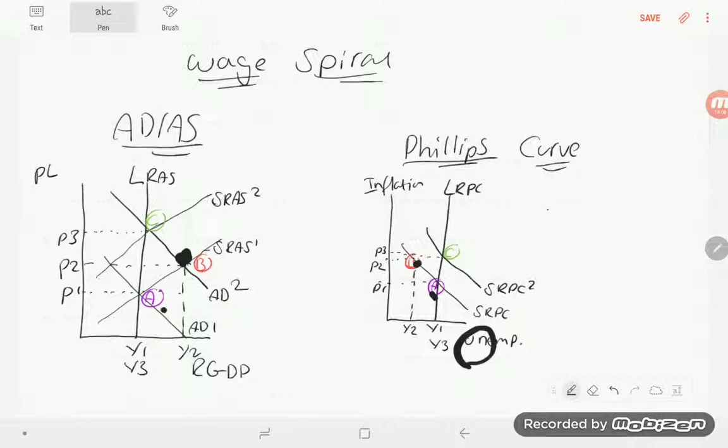As they ask for a pay rise, short-run aggregate supply will shift from SRAS 1 to SRAS 2. This will lead to a new price level. So we're back in equilibrium here. Equilibrium meaning just leave it. Don't increase aggregate demand because all you're going to get is inflation.